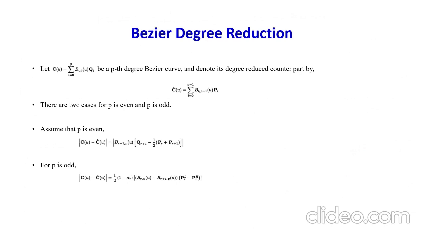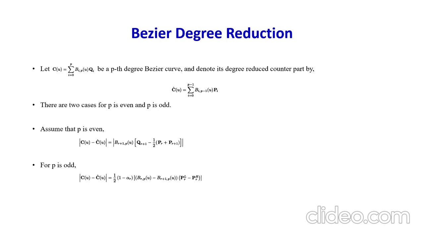Bezier degree reduction. Let C of u equal sigma over i equal to 0 to p B i comma p of u times Q i be the pth degree Bezier curve, and denote its degree reduced counterpart by C cap of u equal to sigma over i equal to 0 to p minus 1 B i comma p minus 1 of u times P i.